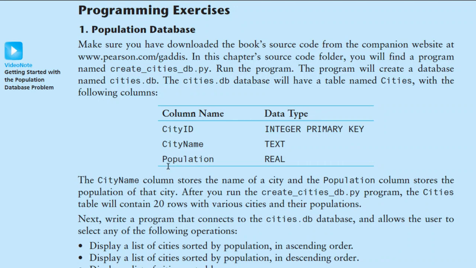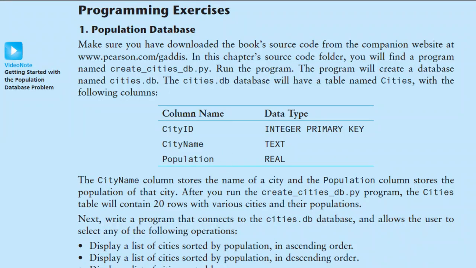And then the third column is named population, and it is a real column. It holds a floating point number, which will be the population of the city. Now, once you've run this program, the cities table will have 20 rows. Each row will have the information about a different city.